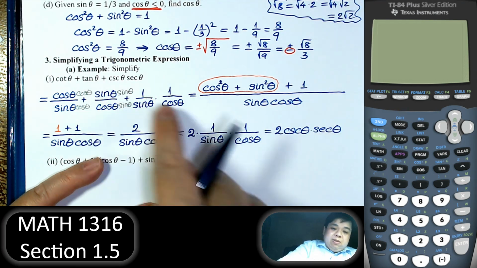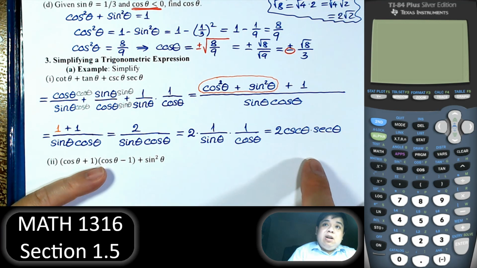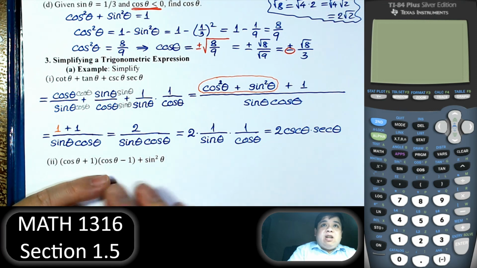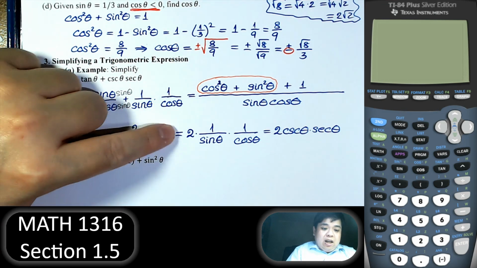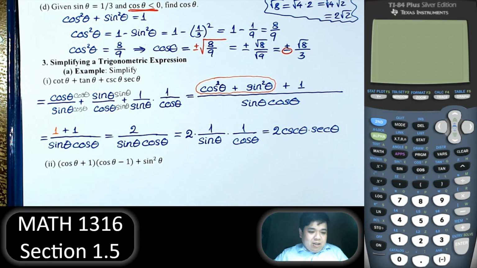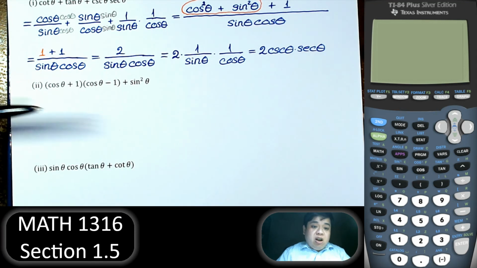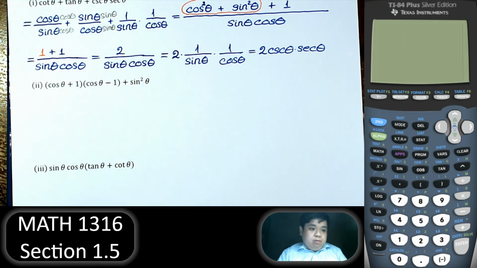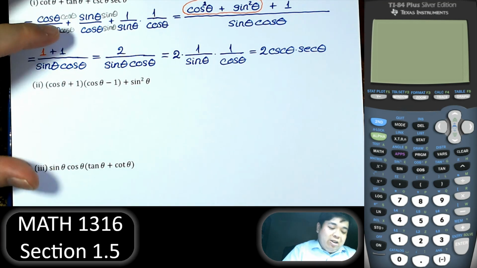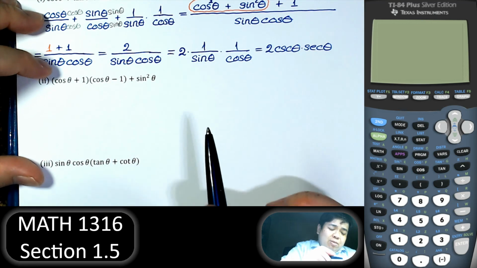So that's simplified. Of course, usually when simplifying, we don't know where to stop. If it's not obvious like this, you can say, that's good enough. Sometimes it's nice and we know exactly what it is, but sometimes it's not obvious, then we just stop whenever it looks more simplified.